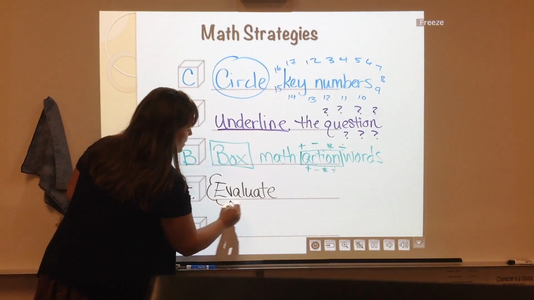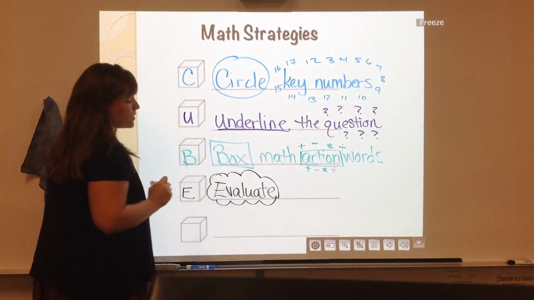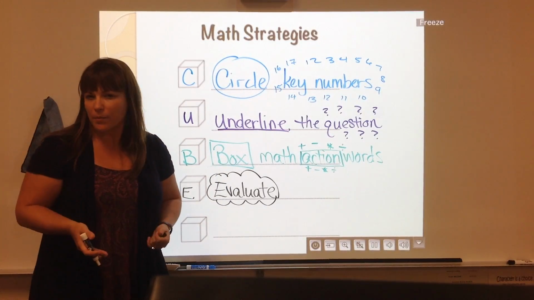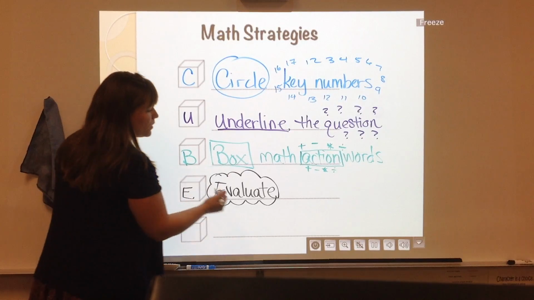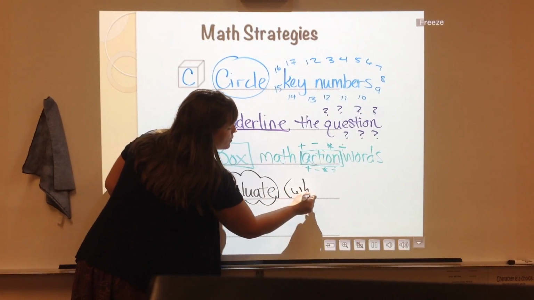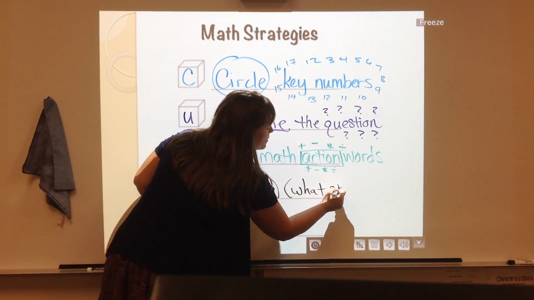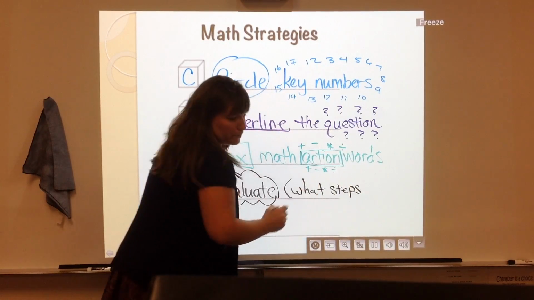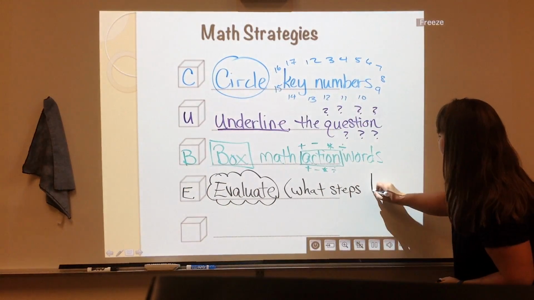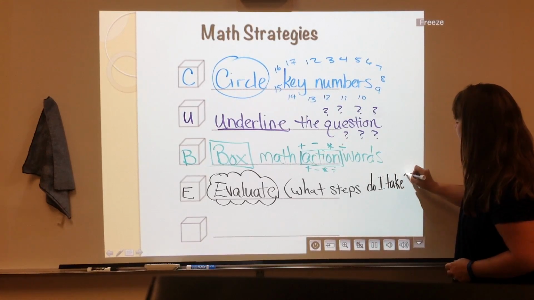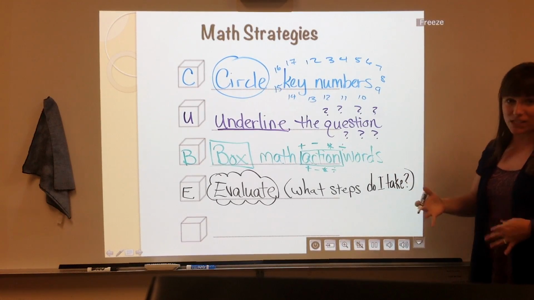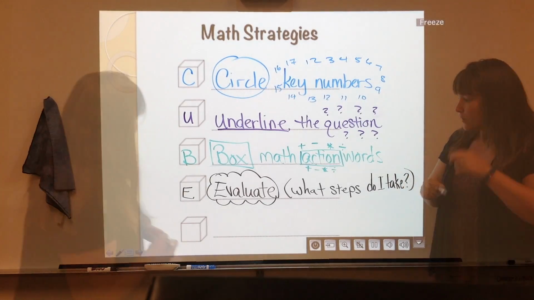So I'm going to draw a think cloud, because really this isn't something that's marking up a problem. It's actually the thinking going on to help you solve it. So I'm going to write to remind me, what steps do I take? That's what you're really asking yourself when you're at this stage of the problem solving.